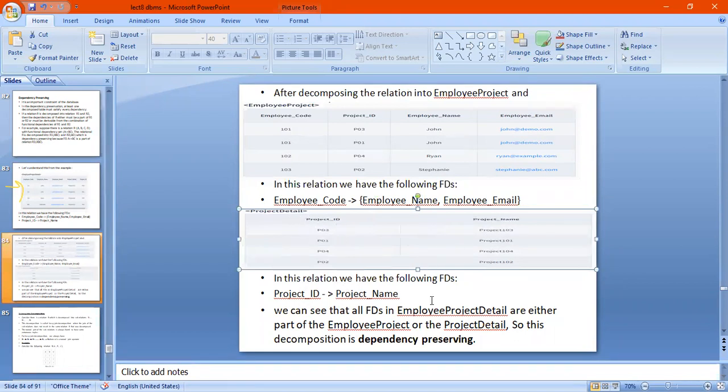In this relation, we have the following functional dependency: project ID is dependent on project name. We can see that all functional dependencies in employee project details are either part of employee project or project details. So this decomposition is called dependency preserving.